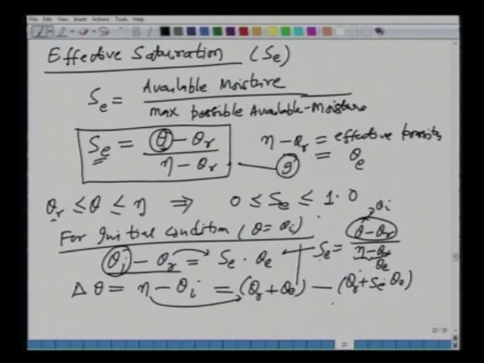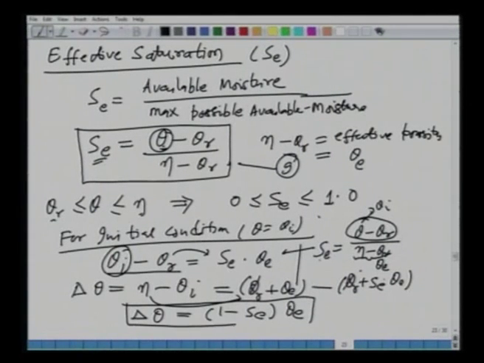From this your theta r will get cancelled out, and finally, delta theta is equal to 1 minus SE times theta E. This is an important relation, because delta theta represents the initial moisture conditions for any type of soil. We need to know that for calculating the infiltration.